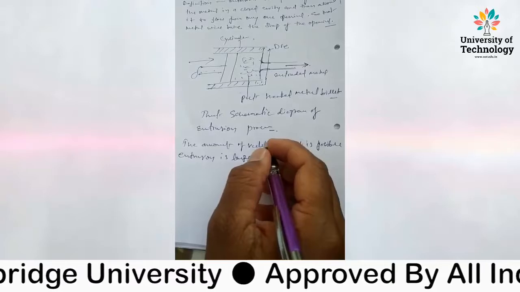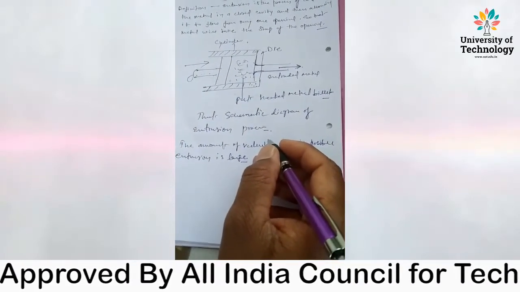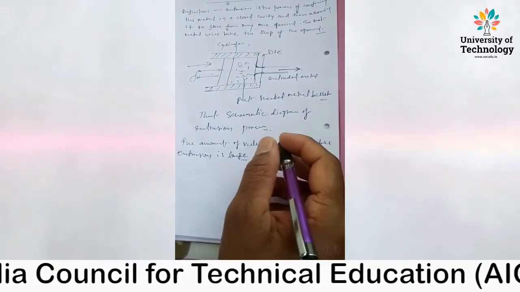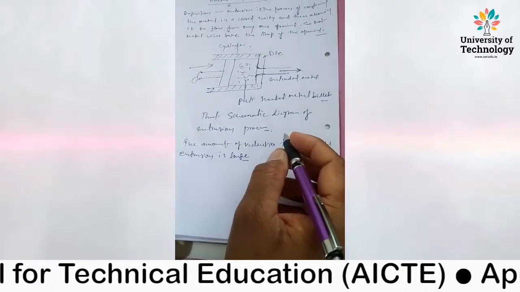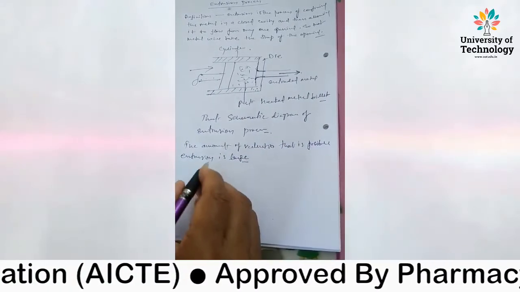Generally, brittle materials can also be very easily extruded. It is possible to produce sharp corners and re-entrant angles in this extrusion process.